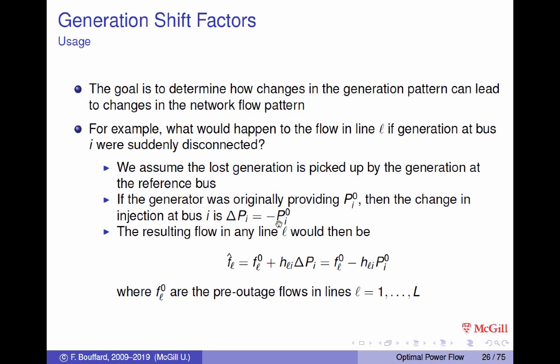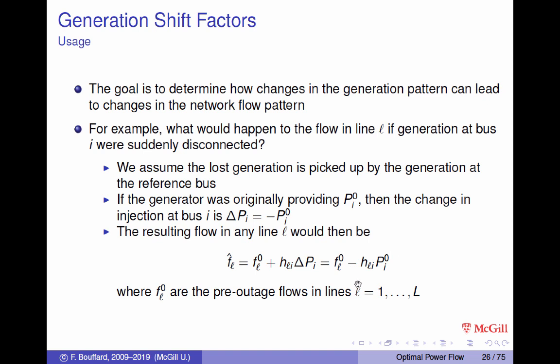So from this, knowing the linear generation shift factor, what do we have? Well, we can find the flow in line L after the fact, so that's why there's a little hat on F. It's a linear combination of the flow with the original generation pattern, plus what happens when we apply to line L the shift factor times the change in injection at node I. So here in this case it would be F_L0 minus H_LI P_I0.